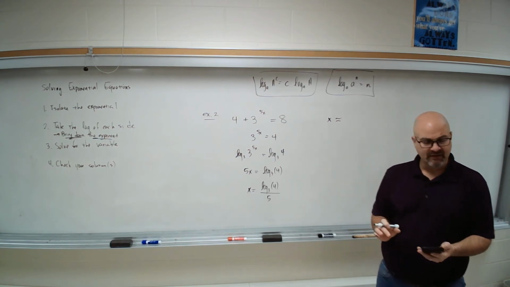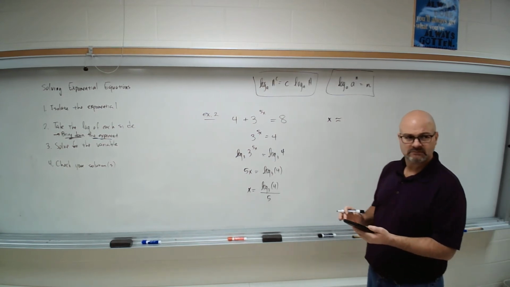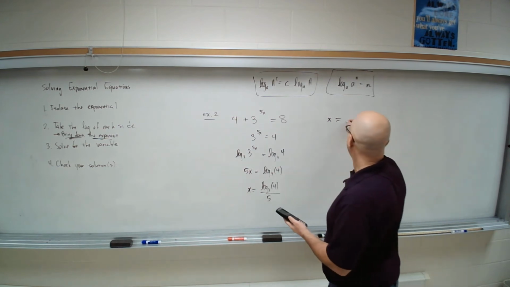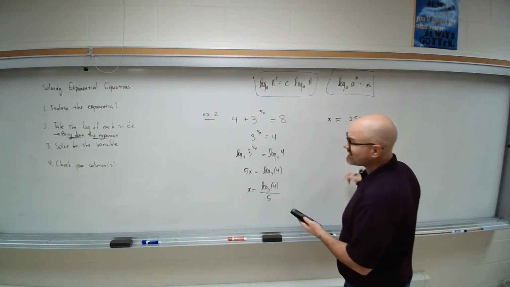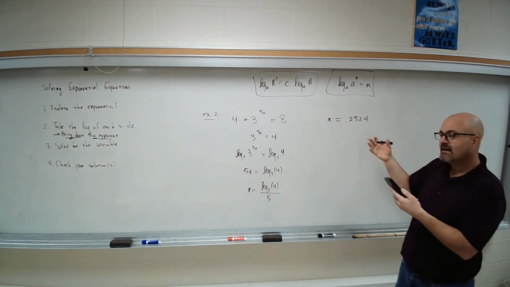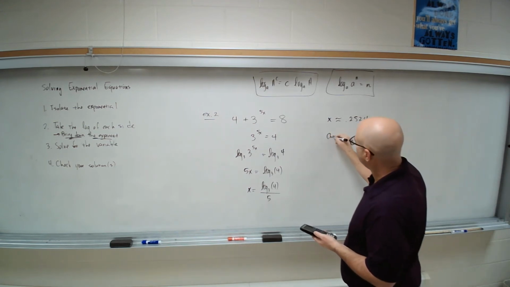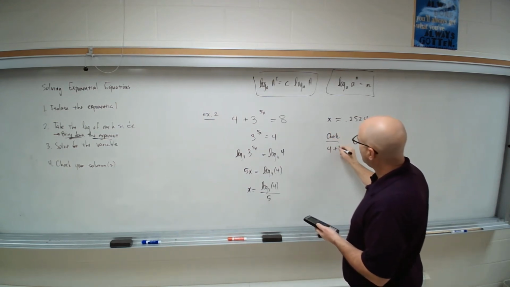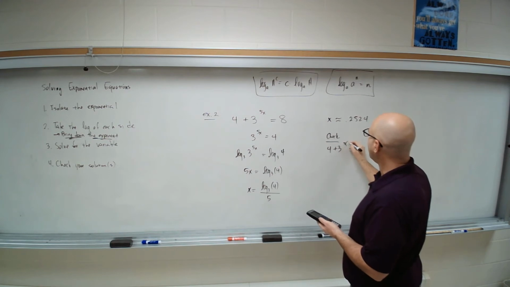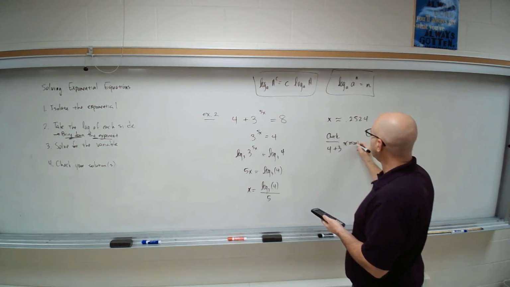We got 0.2524. Does that seem right? A little gun shy after last time, right? So we get that. We could go ahead and check it. 4 plus 3 to the 5 times 0.2524 power.